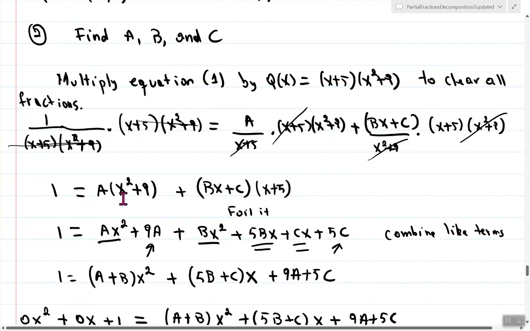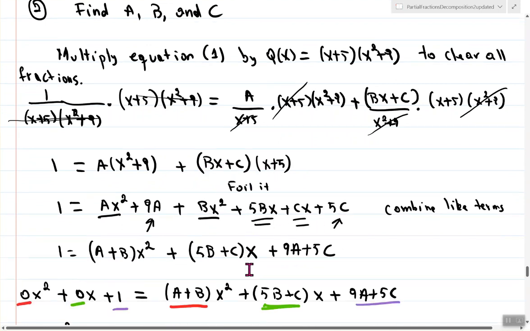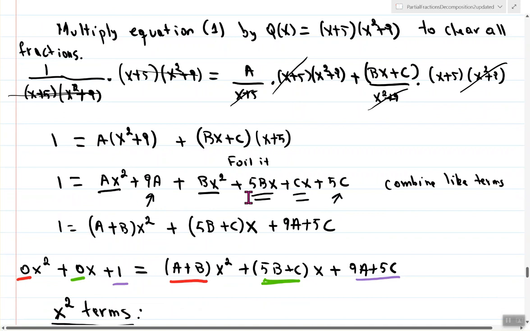From here we can expand everything. Here we distribute a, and over here we FOIL it, which gives us this. Then we collect like terms in terms of x. This is an x squared term, and that's an x squared term, so we add them by factoring out x squared.